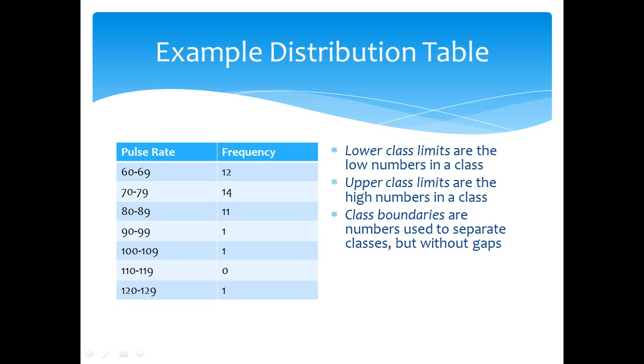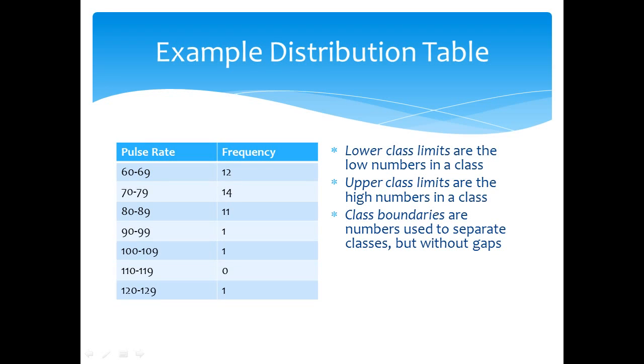Class boundaries are numbers that are used to separate classes, but you do it without gaps. In other words, if you look at the top class, it's 60 to 69. The second class is 70 to 79. The boundary for the first class would be 69.5.